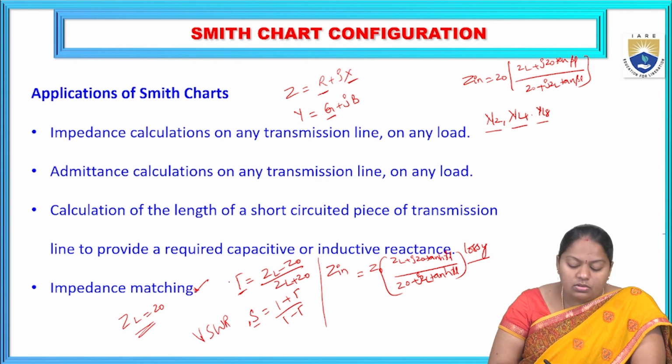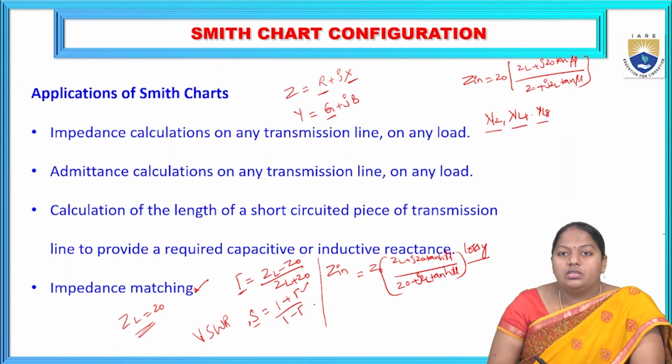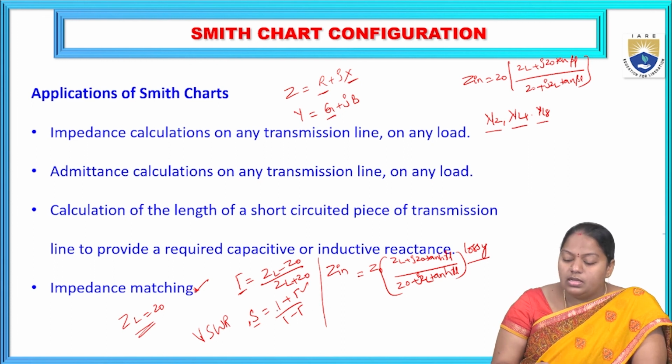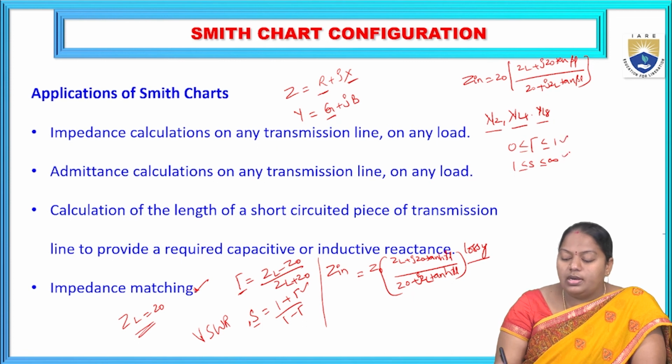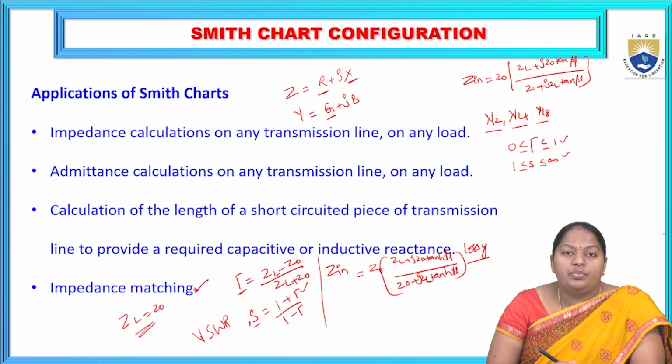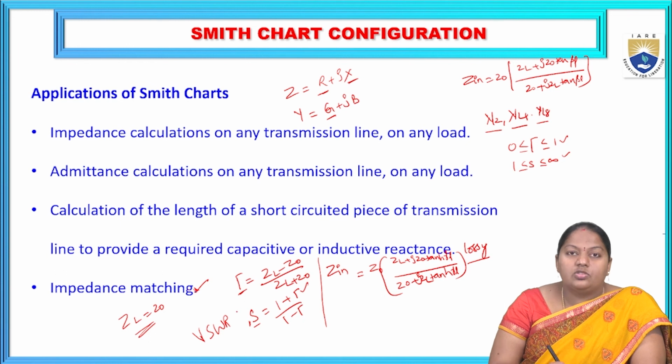So if the reflection coefficient gamma is complex, then the standing wave ratio S is equal to (1 plus gamma) by (1 minus gamma). The reflection coefficient gamma ranges from 0 to 1, and from this the standing wave ratio S ranges from 1 to infinity. These calculations have already been analyzed in the previous lectures of electromagnetic waves and transmission lines.